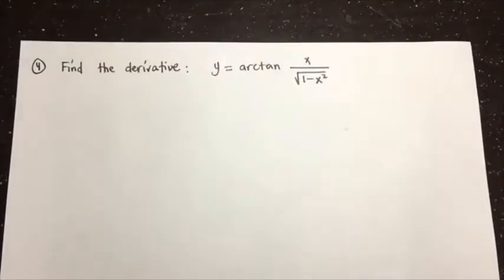Okay, so example number 4, find the derivative of arctan of x over square root of 1 minus x squared.